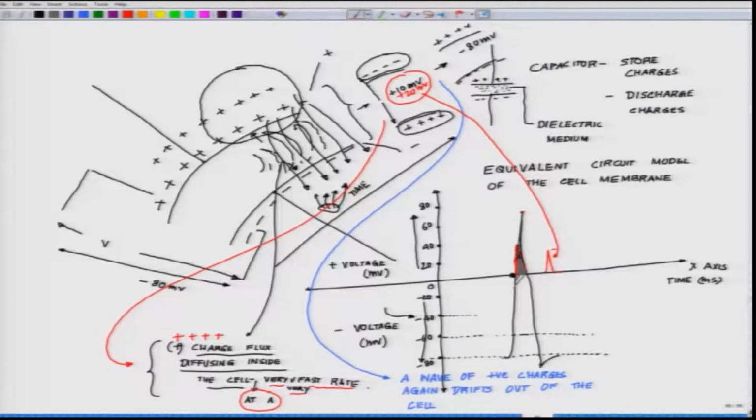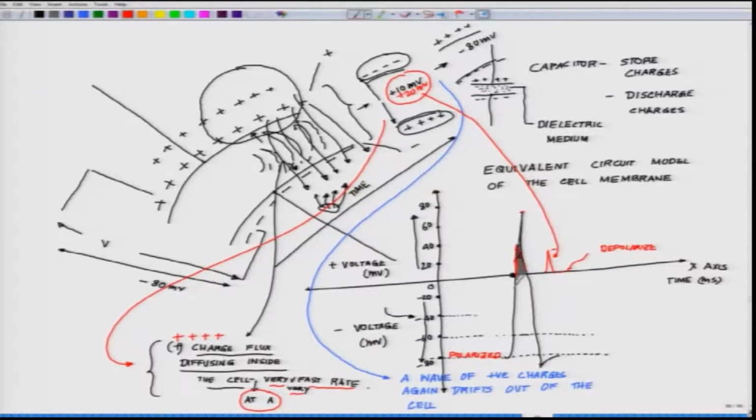The cell all of a sudden becomes depolarized. So, if this is the polarized state of the cell, then this is the depolarized state of the cell.